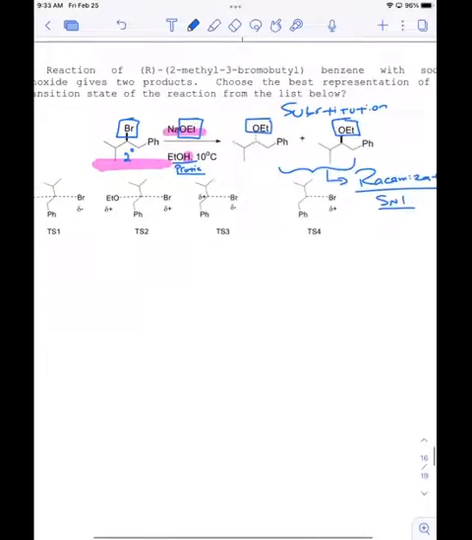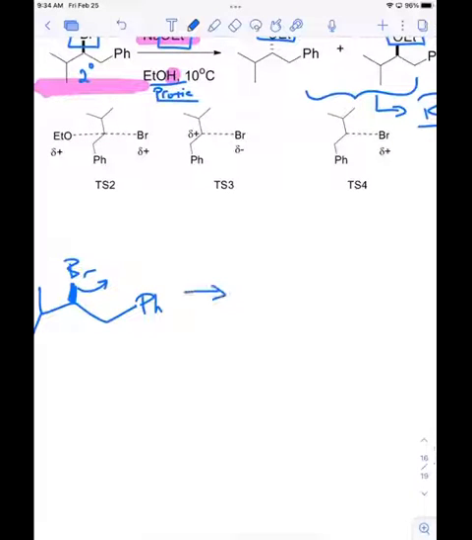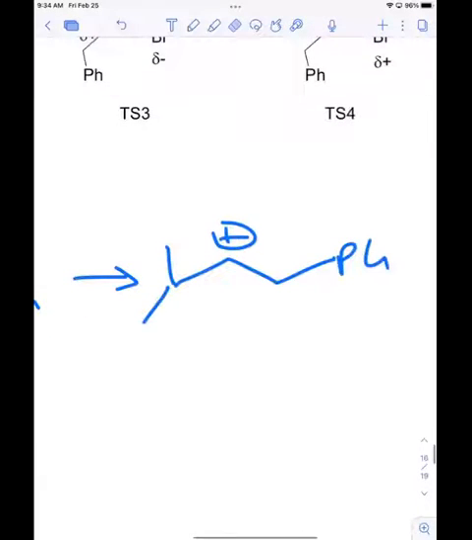What's the first step in the mechanism if it's SN1? Loss of leaving group. Which makes this a carbocation, is that right? Yeah. Which is, in essence, an empty p orbital.